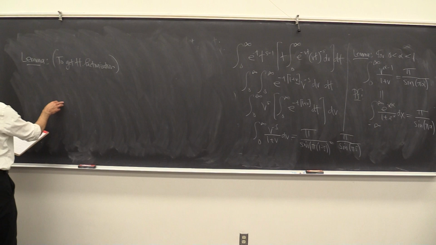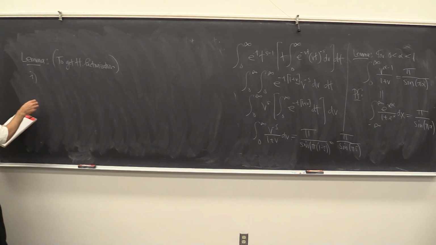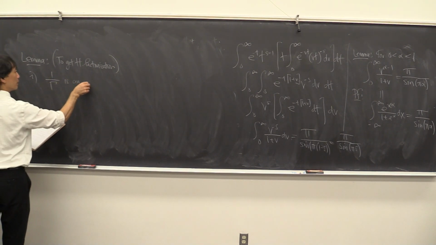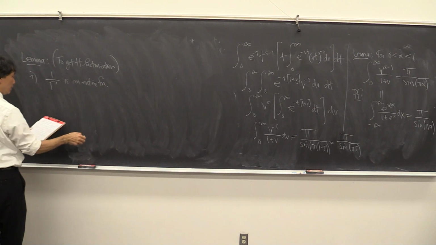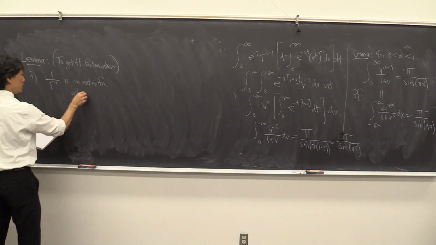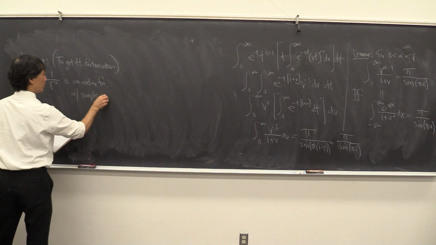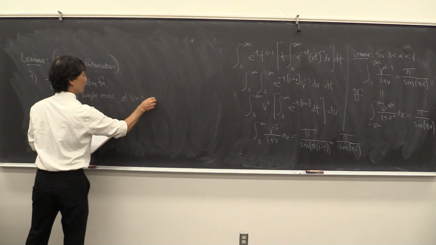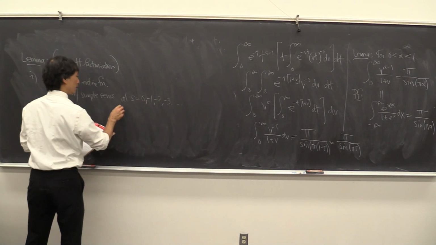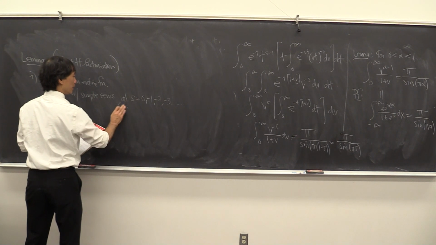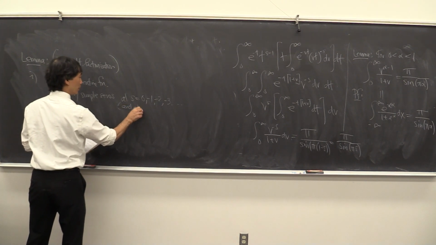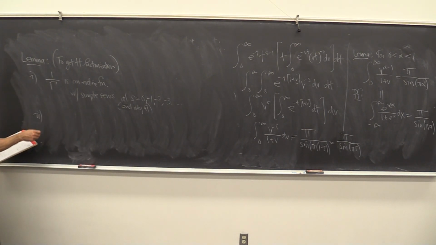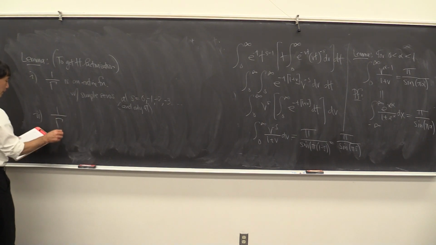So the lemma says the following: 1 over gamma is an entire function with simple zeros at s equals 0, -1, -2, etc., at and only at those places.